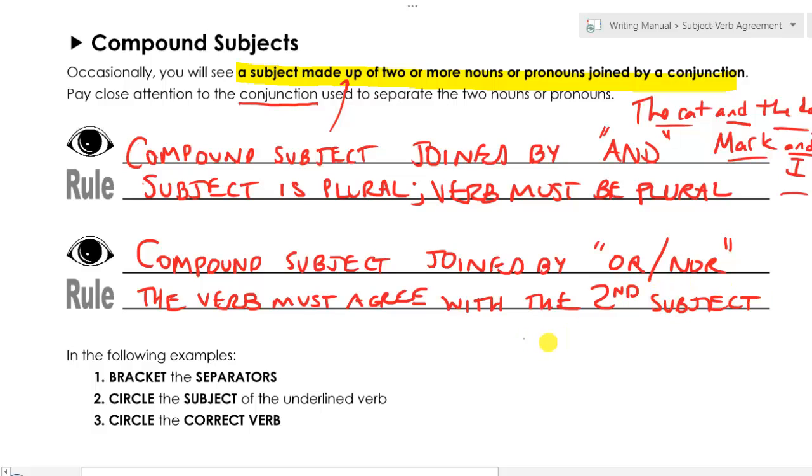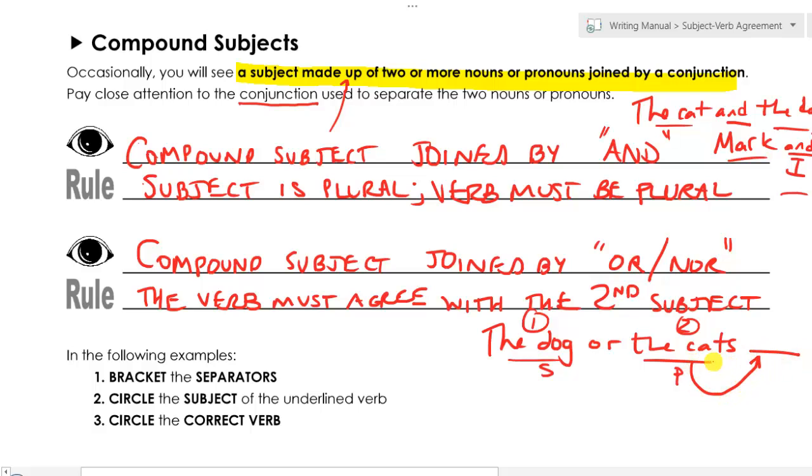So if I had something like the dog or the cats, notice we've got two nouns. One of the nouns is singular, one of the nouns is plural. If the verb were here, this second subject, the cats, the plural subject, would determine that the verb needs to be plural.